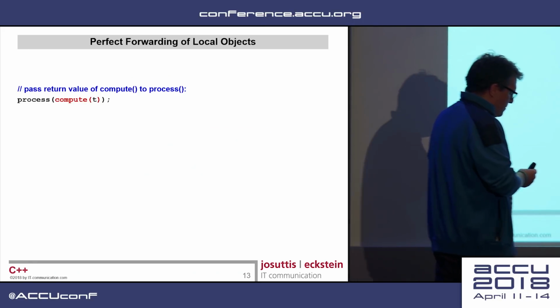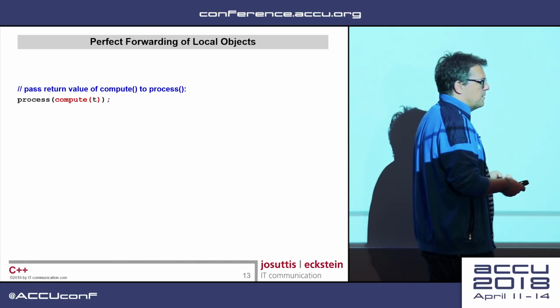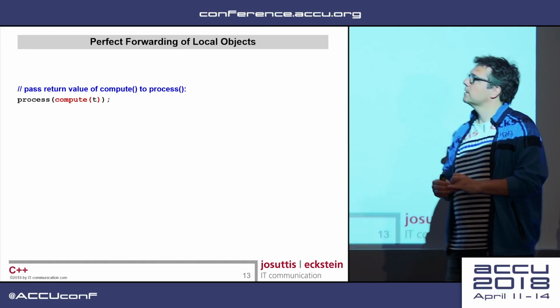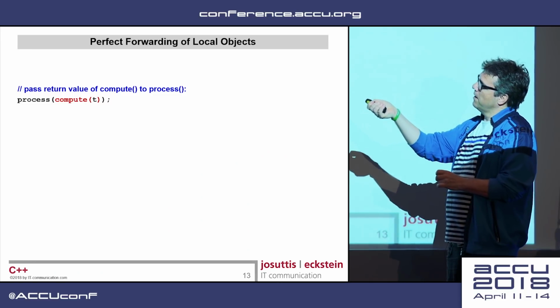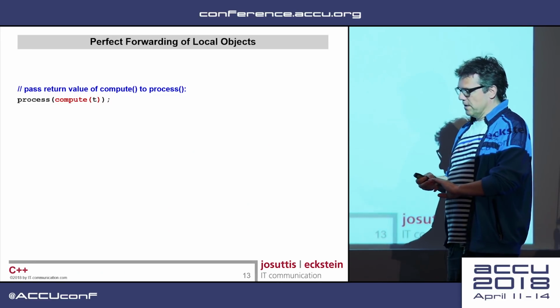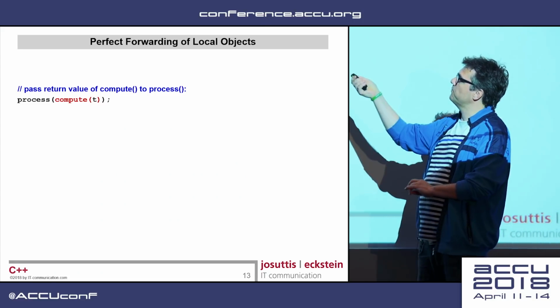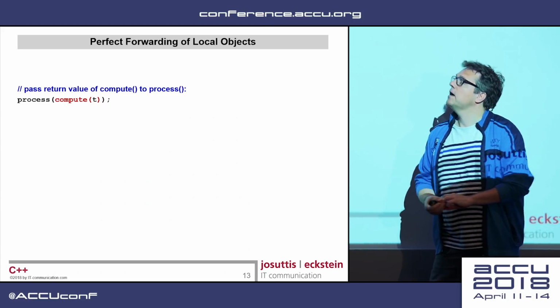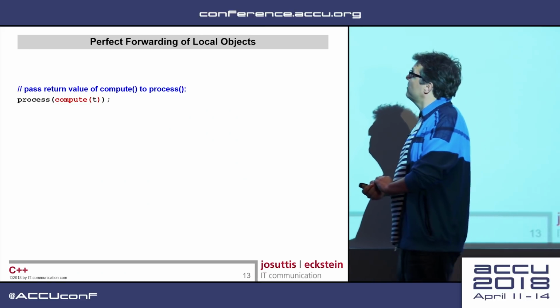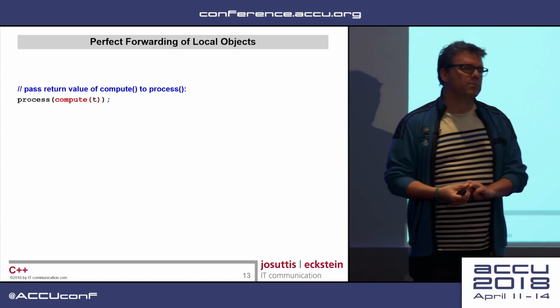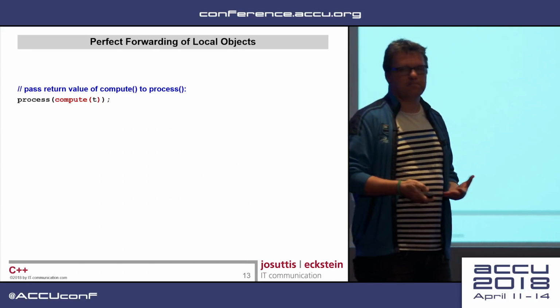Now, what happens if you want to forward something that is not a parameter? You have here a return of a function calling compute. This might be part of a generic function, so you have no idea which type T is. You have no idea what the return type of compute is. It might be a value, it might be a reference, or whatsoever.